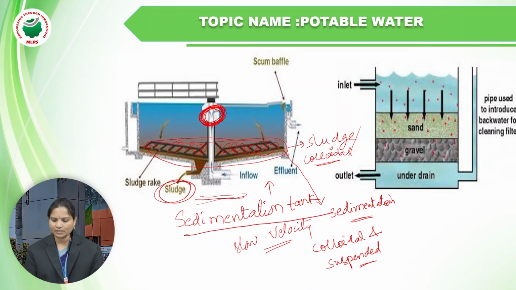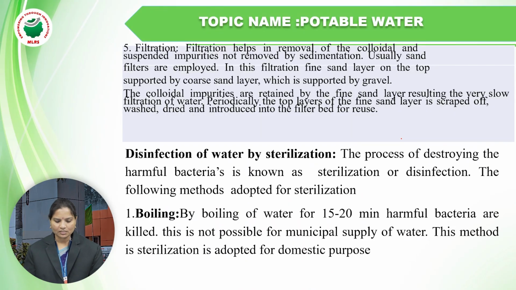In this filtration process, we mainly remove colloids and suspended impurities. But in the sedimentation process also we eliminate colloids and suspended impurities. However, not all the impurities can be eliminated by the sedimentation process.